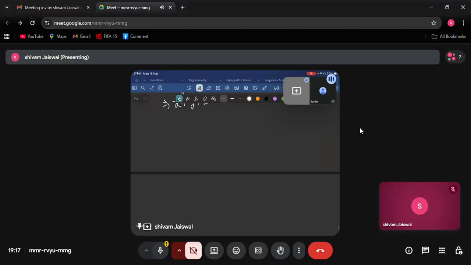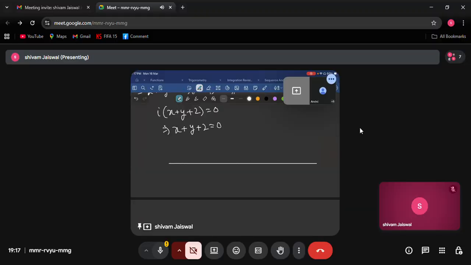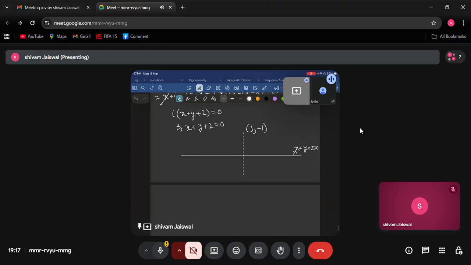Next, I need to find out the image of 1 comma minus 1 over the line x plus y plus 2 equal to 0. Does anyone remember the direct result? x minus x1 by a is equal to y minus y1 by b is equal to minus 2 into ax1 plus by1 plus c, that is 1 minus 1 plus 2, divided by a square plus b square, that is 1 square plus 1 square.